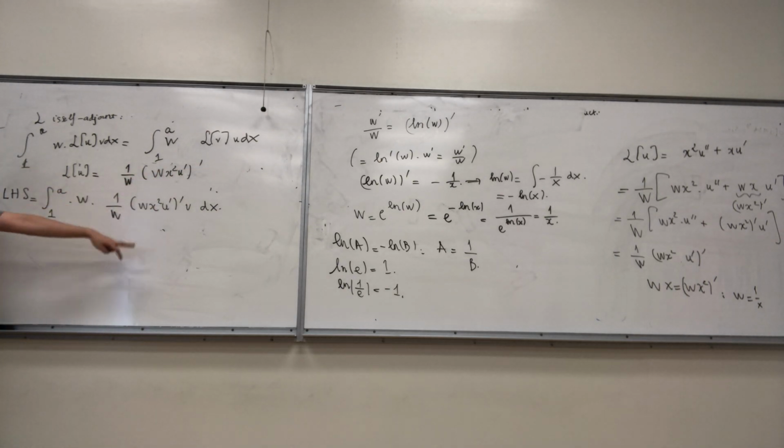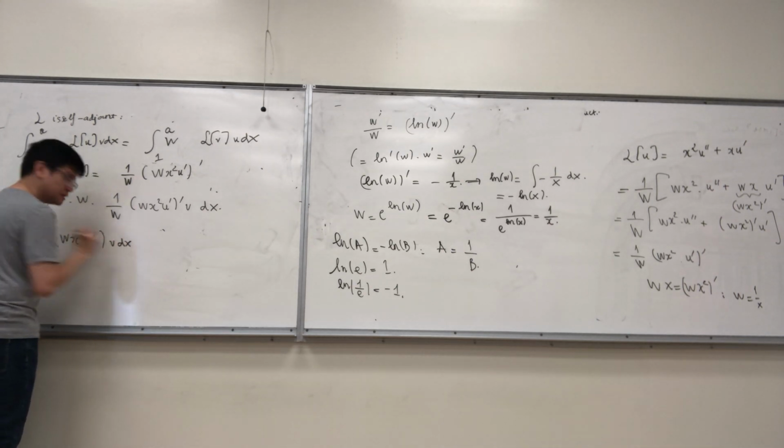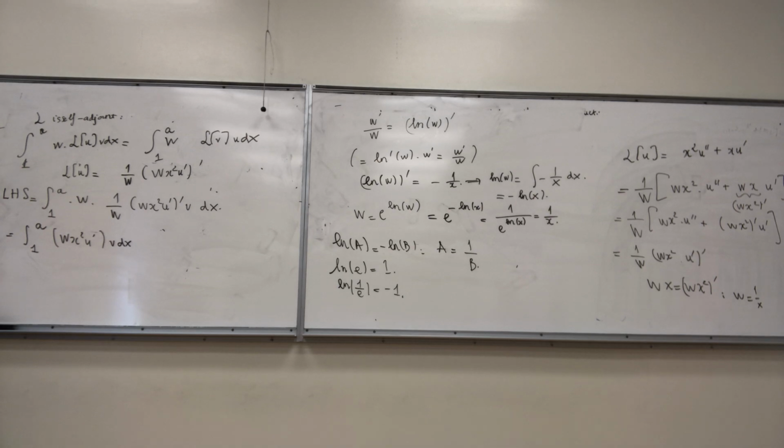So I replace that relation here, and this gives me the integral from 1 to a of (w x squared u prime)' v dx. Questions? So I'm going to remove w and that 1 over w.